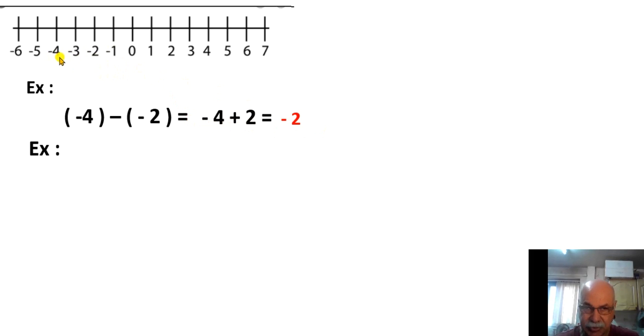You see, with a plus you go back toward the increase. If it is minus, you go back toward the decrease, the opposite.